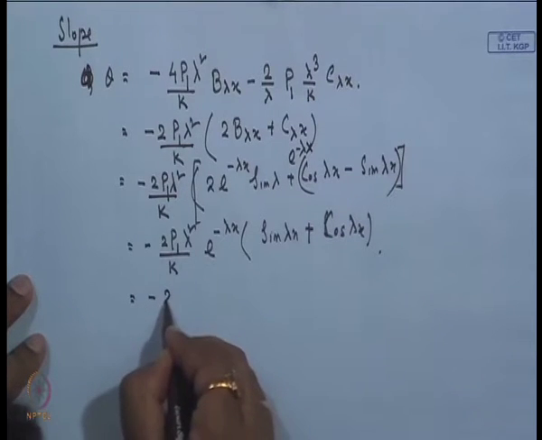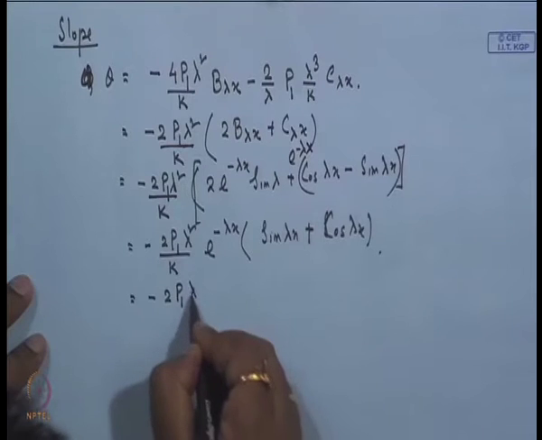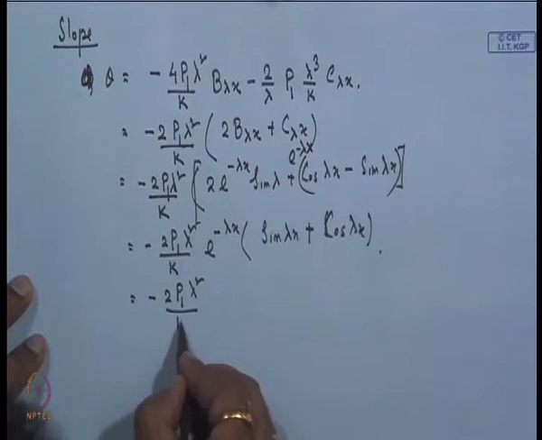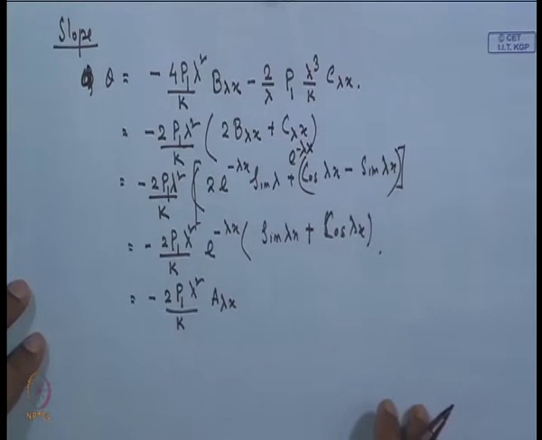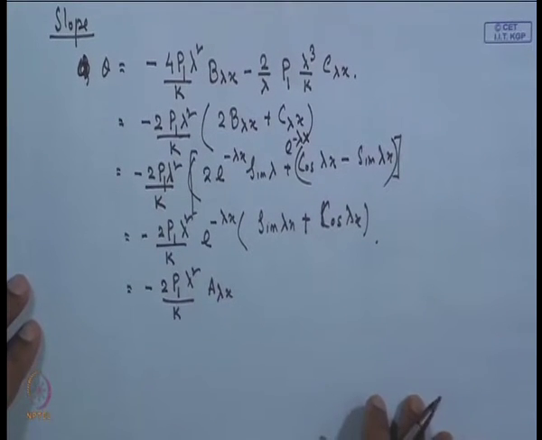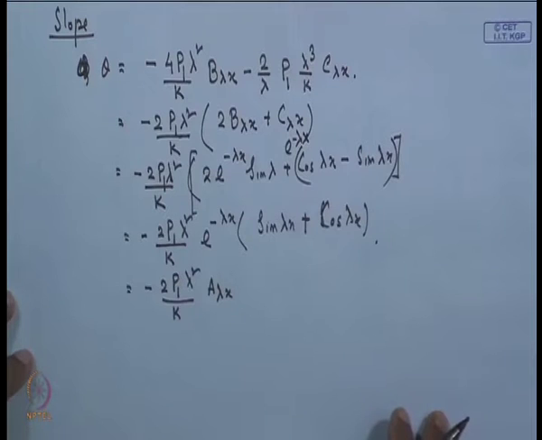So, this will be minus 2 P 1 lambda square by k into A lambda x.